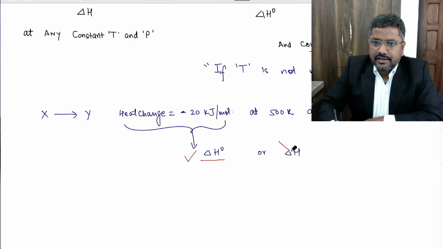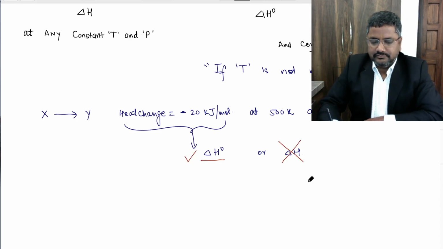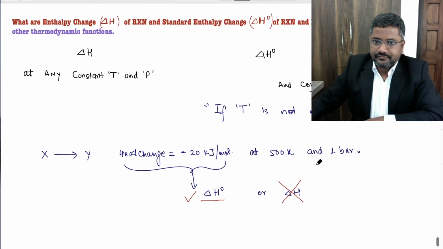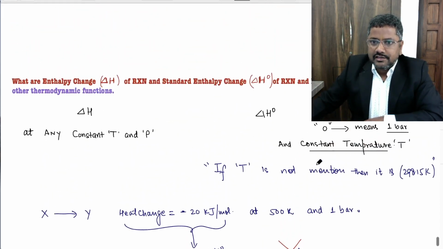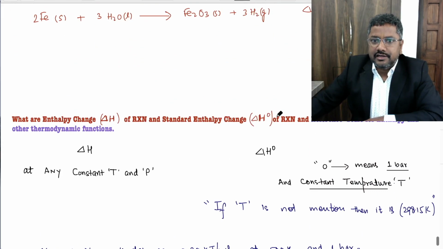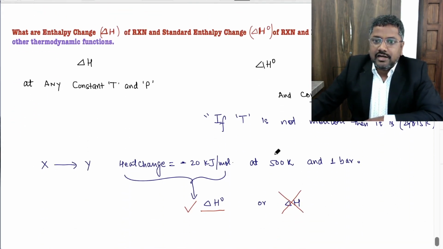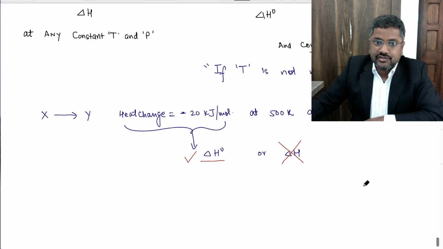This is not delta H for the reaction, because for the standard state or standard enthalpy change, the only requirement is 1 bar pressure and constant temperature, not necessarily 298.15 Kelvin. So at 500 Kelvin, it is a constant temperature and 1 bar pressure. This is a mandatory condition. So this is delta H naught, not delta H.